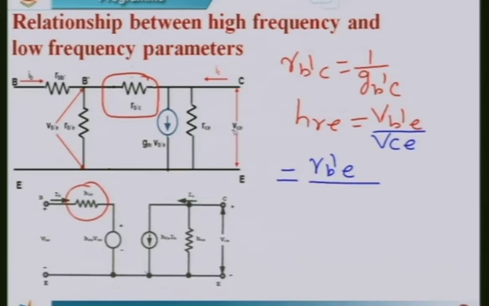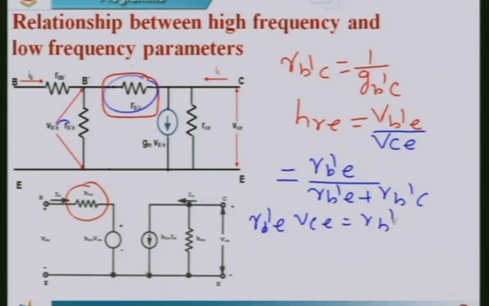The total resistance is rb'e plus rb'c. If you manipulate this equation, you get rb'e into vce is equal to rb'e plus rb'c into vb'e.